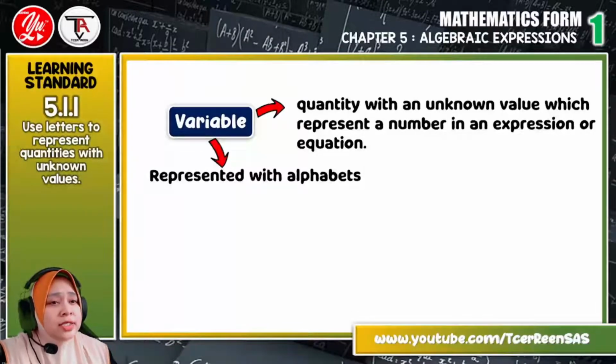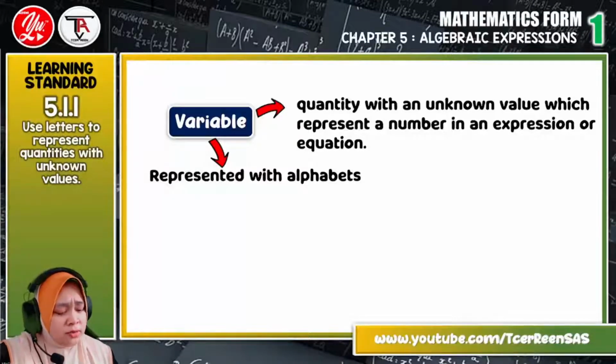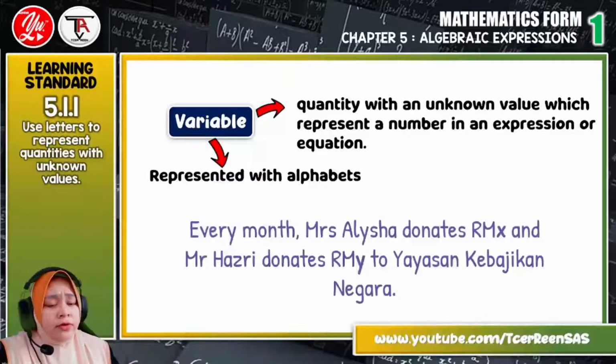Okay, let us see based on the situation before. Mrs. Alicia donates RMX. This is how we can use the variable to explain the situation before. Every month Mrs. Alicia donates RMX because we don't know the amount, and Mr. Hazri donates RMY to the Yayasan Kebajikan Negara.